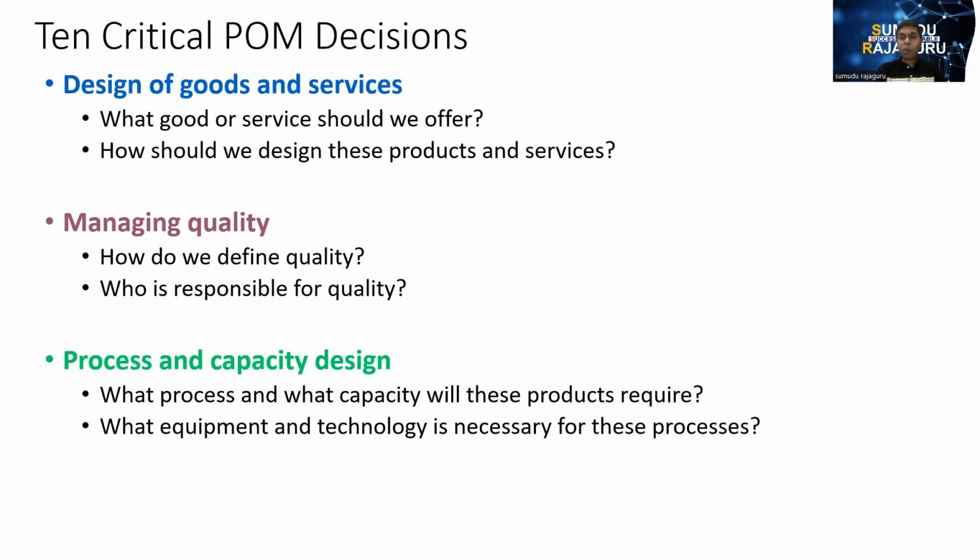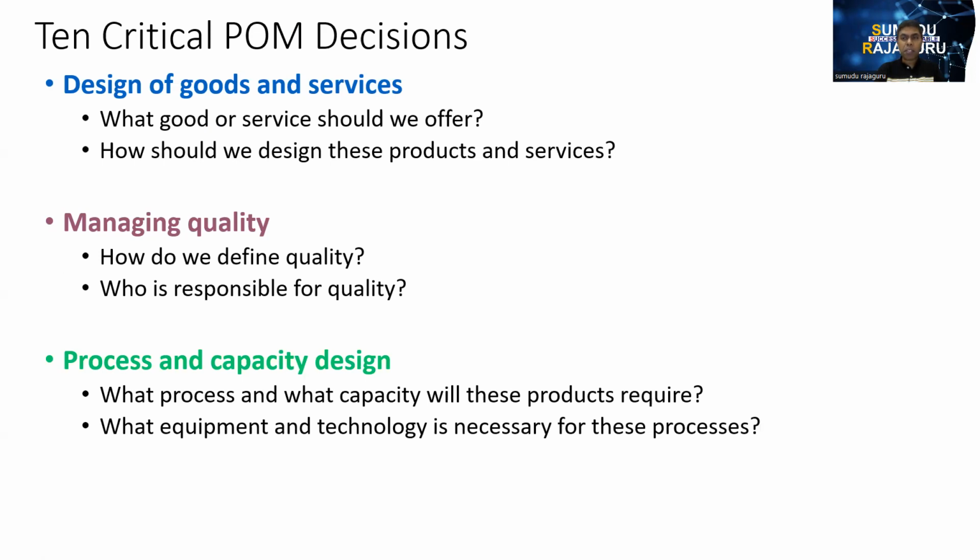Managing quality is another critical decision in operation management. When we consider managing quality, we can ask ourselves: how do we define quality? Who is responsible for quality? Those are the two main questions. The third critical decision is process and capacity design.